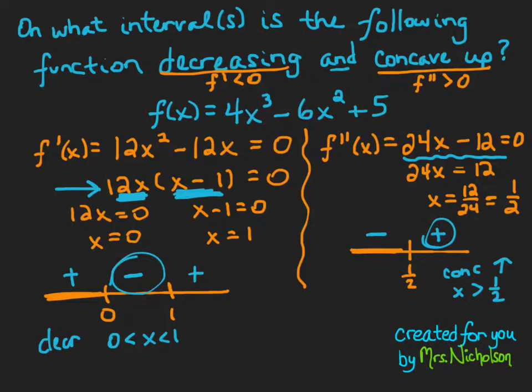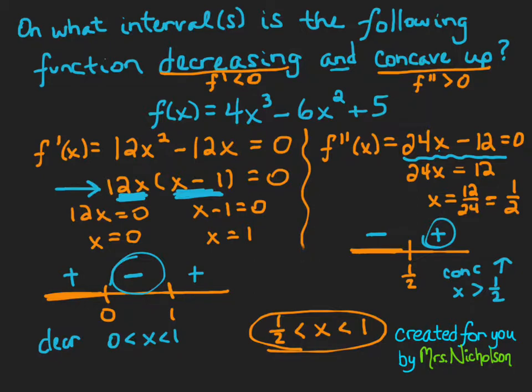Well, I'm only decreasing for x between 0 and 1, and I'm concave up for x greater than 1/2. And so the place where those two intervals overlap would be for 1/2 less than x less than 1. That would be the interval where my function is both decreasing and concave up.